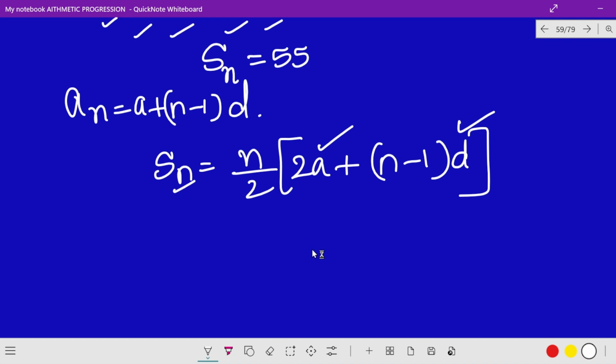This formula we have to use, and we can further find results using it. So let us start with the first question, the sum of n terms.